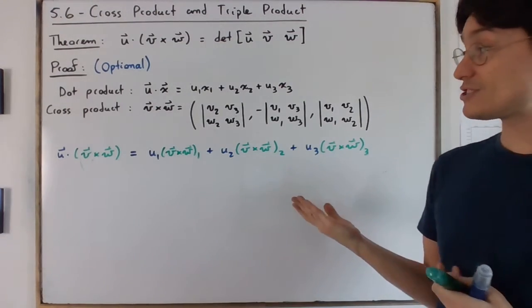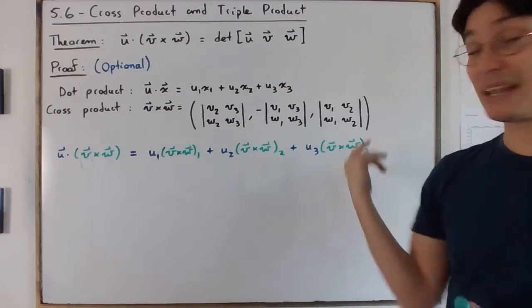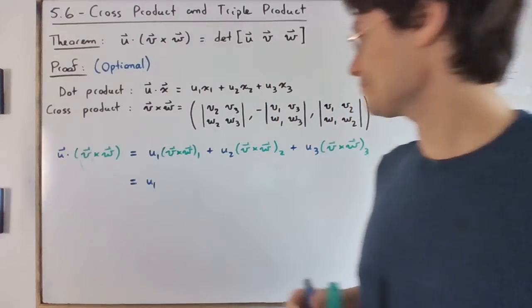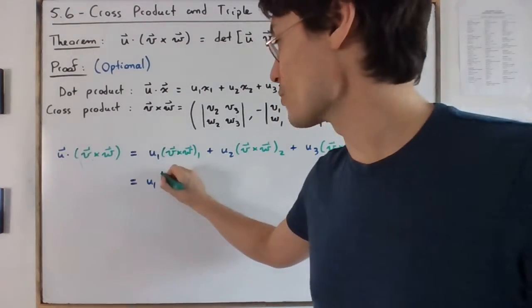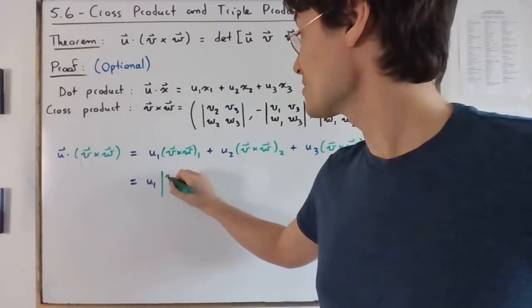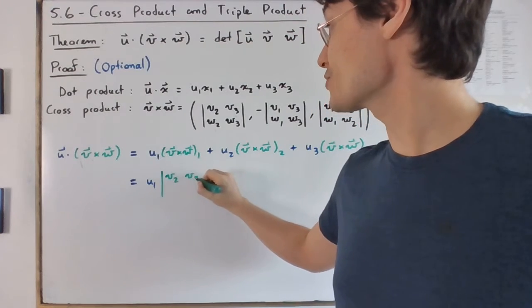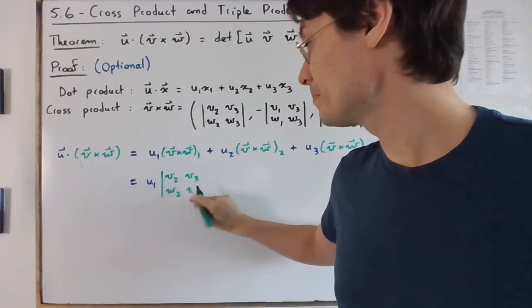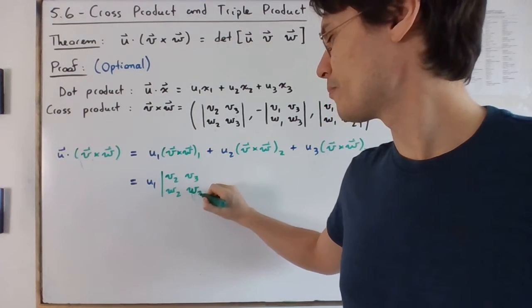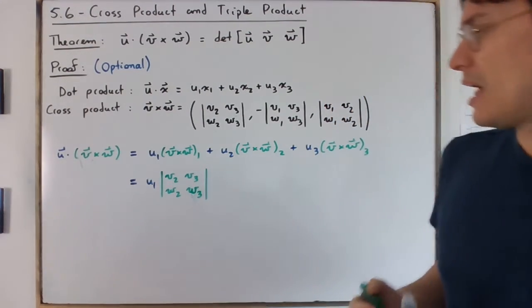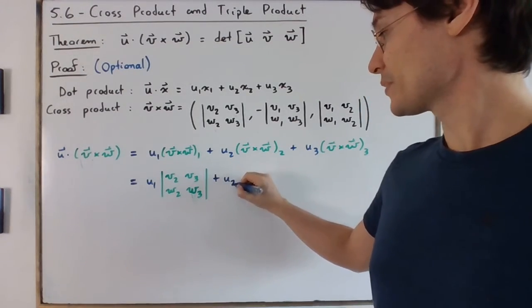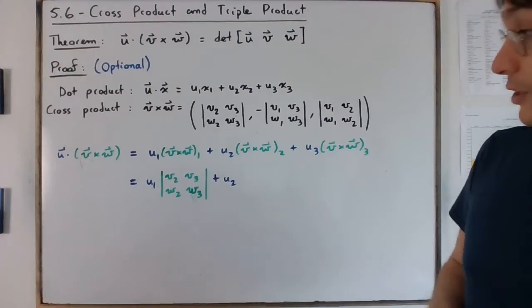But obviously, as you can see, we're going to replace them directly. So we have u1, and now we replace this with this: v2, v3, w2, w3. And then don't forget the minus here, very important. I will color code it as well.